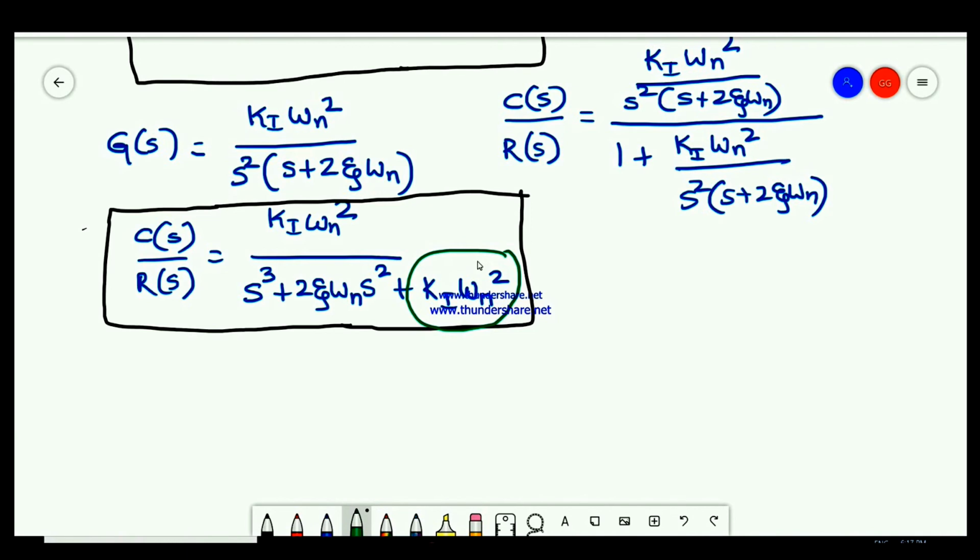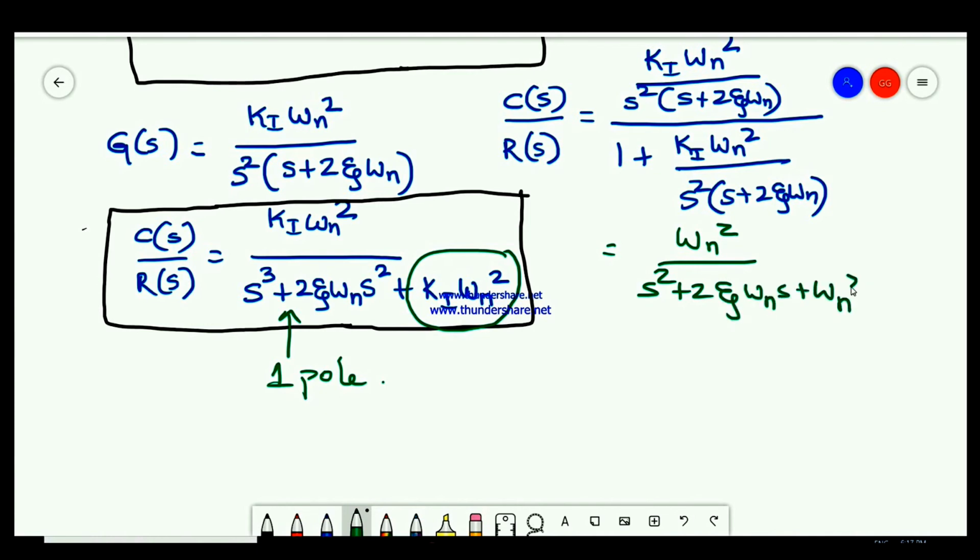But the major problem here is you have added one more pole, because it is s cube. The second order system will always have omega n square by s square plus 2 zeta omega n s plus omega n square, so the order is 2, whereas here we have seen the order is 3. It means you have added one more pole by adding the integral controller to the second order system.